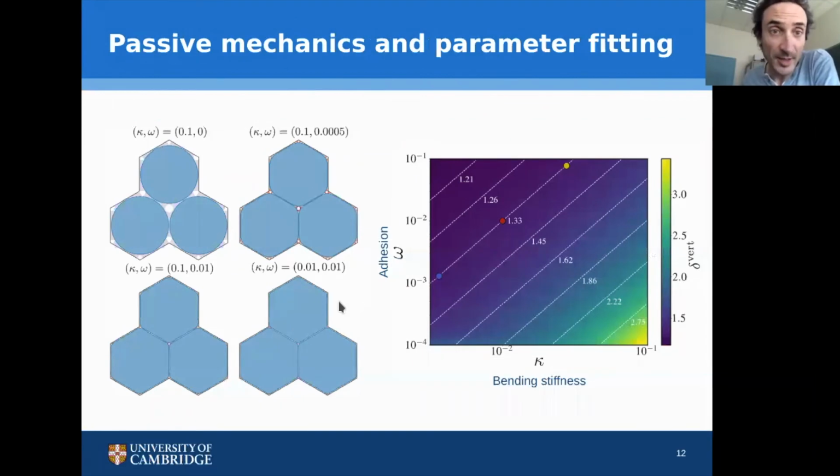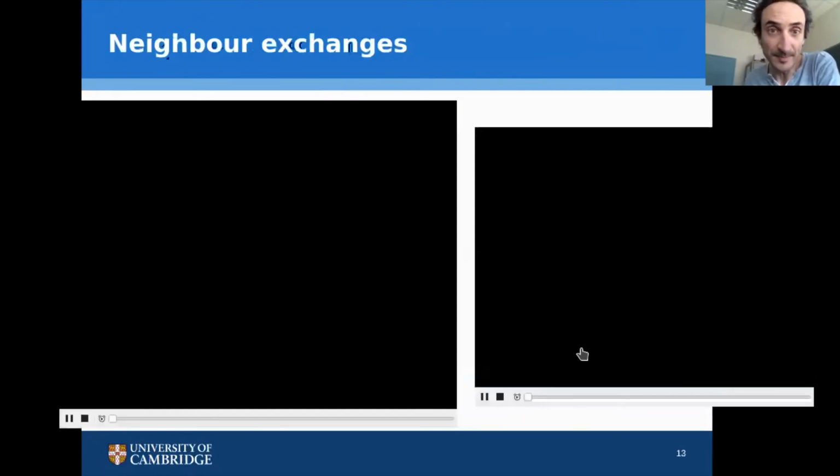Okay, so now with this algorithm, you can put cells together and let them interact with a boundary and other cells through adhesions. And quite naturally, they zip up together as you increase adhesion or decrease bending stiffness, or do both. So this is here the size of this opening at the tricellular vertex as a function of these parameters.